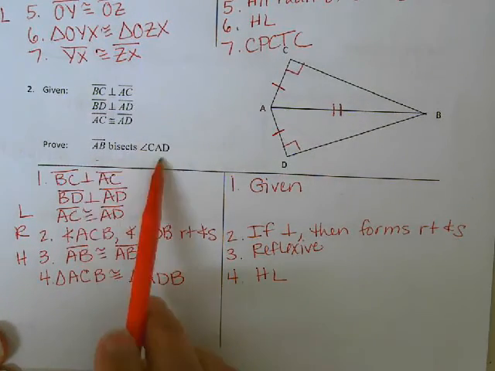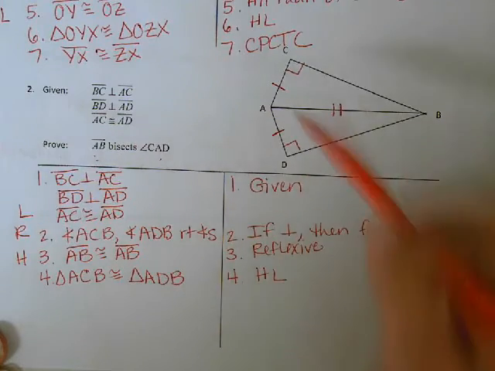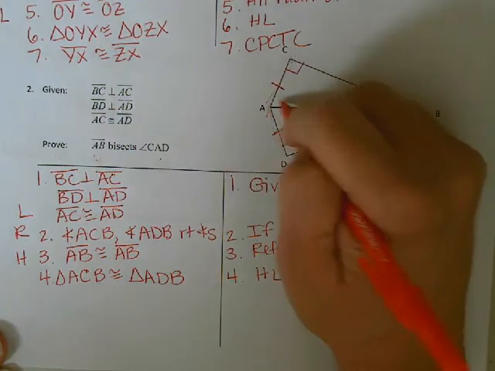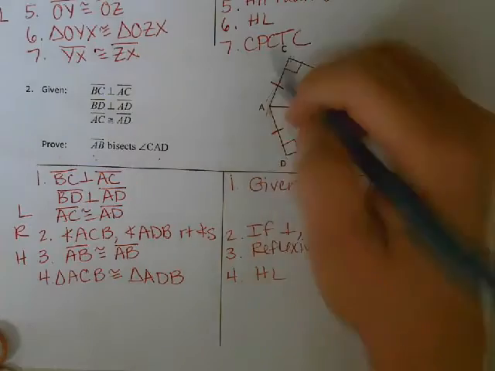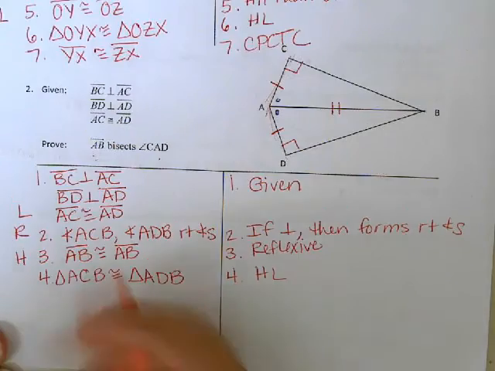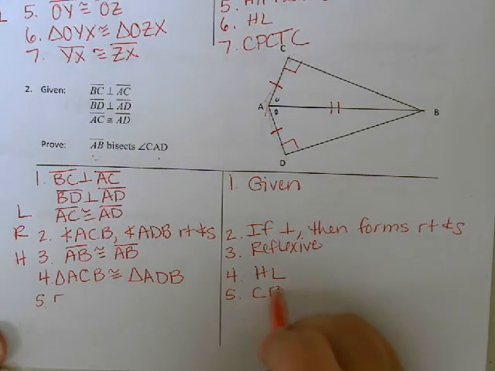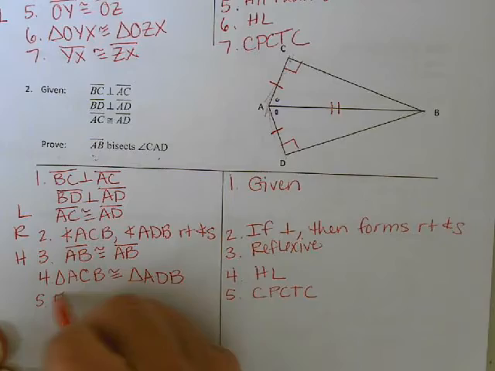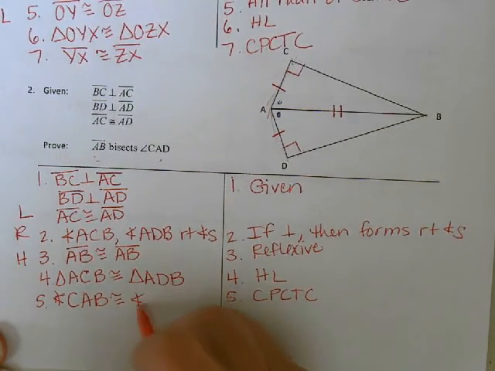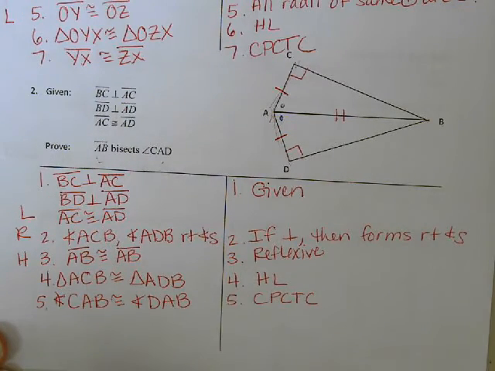Now our goal is to prove that ray AB bisects angle CAD. So here's angle CAD. So then that means that what we need to get out as congruent are those two angles. And we'll do that using CPCTC. We'll say that angle CAB is congruent to angle DAB by CPCTC.